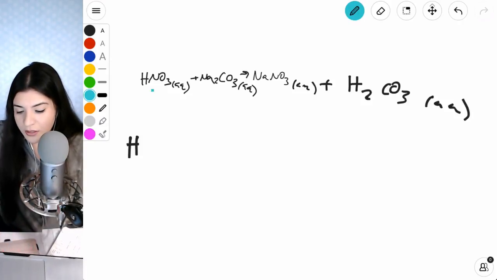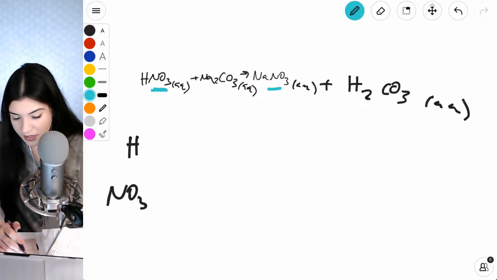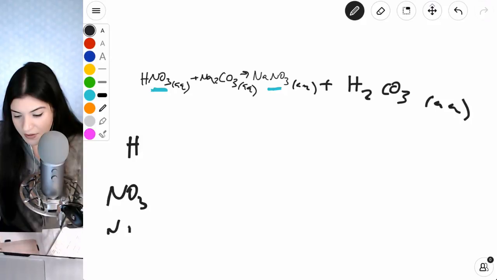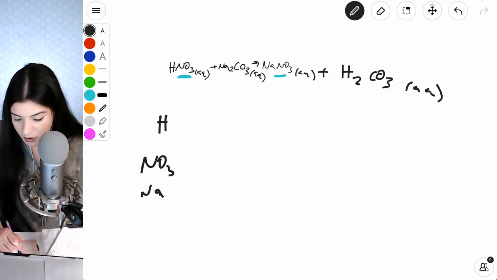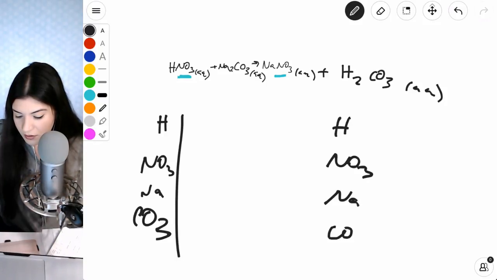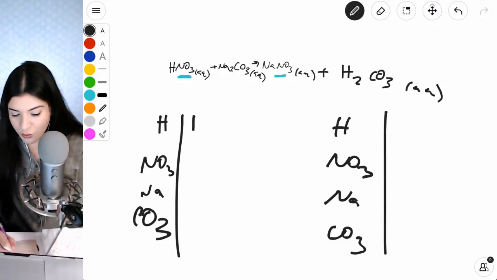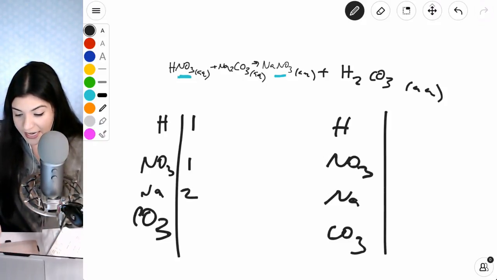So once again, I'm going to leave the polyatomic ions together. So NO3, and then we also have Na, and then carbonate. Put those on either side. Okay, and we'll balance this out. So there's only one hydrogen, one nitrate, 2 Nas, and 1 CO3.